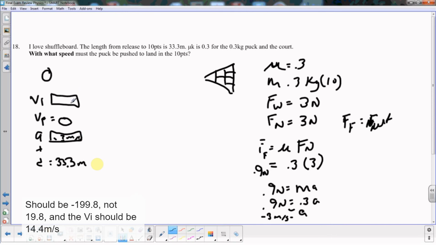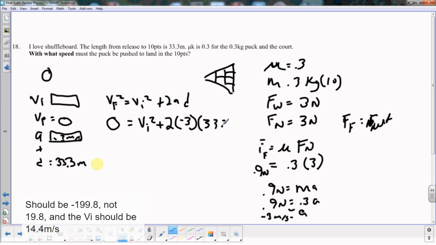How hard do I have to shoot it to have this all work out? Well, VF squared equals VI squared plus 2AD. VF squared, I'm hoping, is going to be 0. VI squared is what I'm looking for. 2 times negative 3 times 33 1/3.